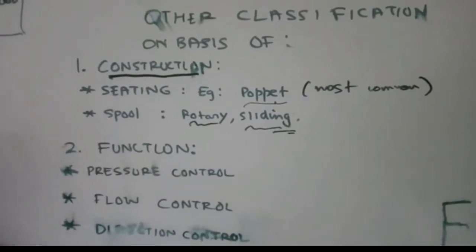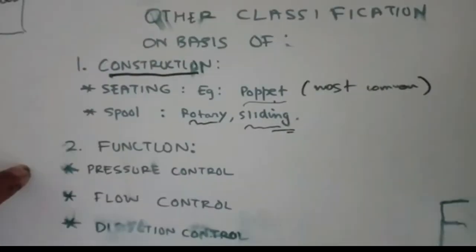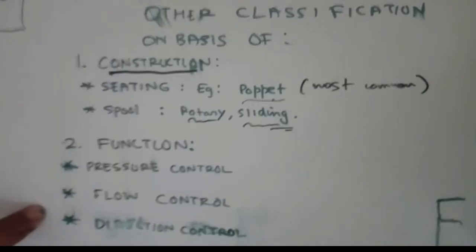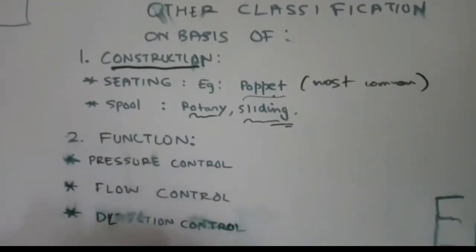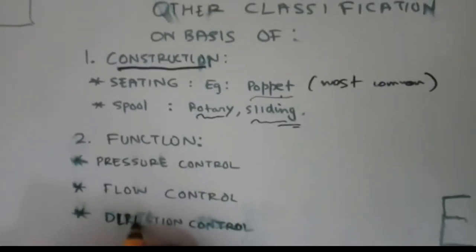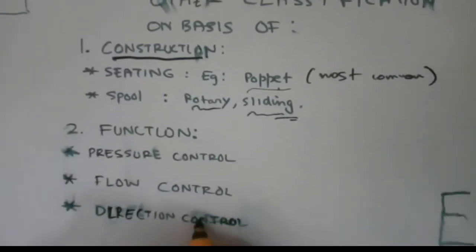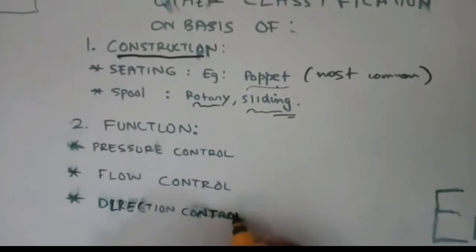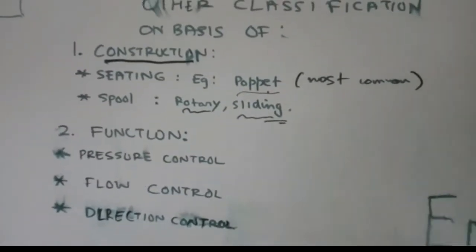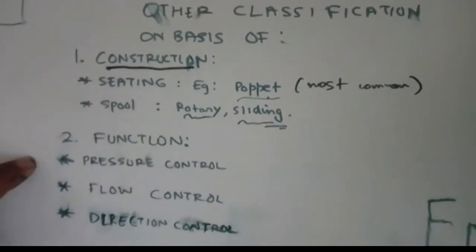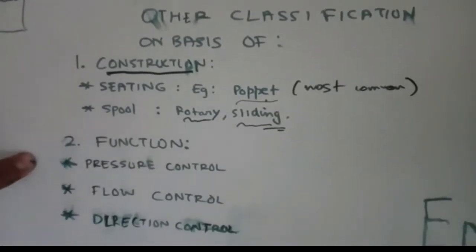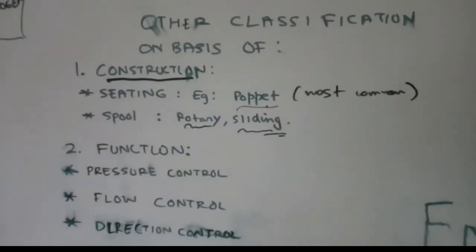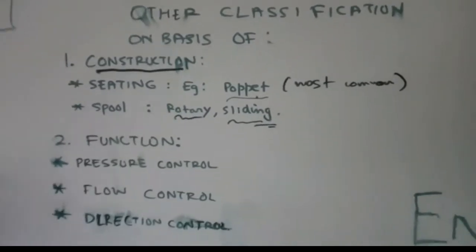Function. On the basis of function, we have pressure control, flow control, and direction control valves. Sorry for this smudge. This is the direction control valve, the DC valve. A valve which is controlling the pressure is called a pressure control valve.